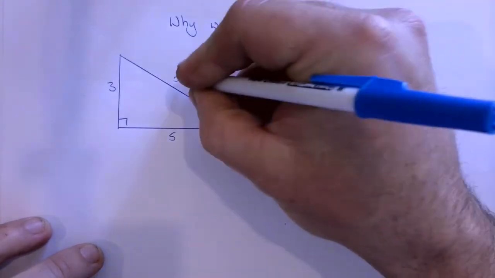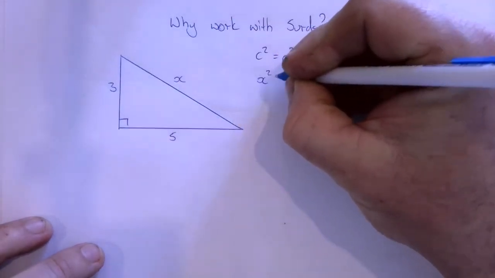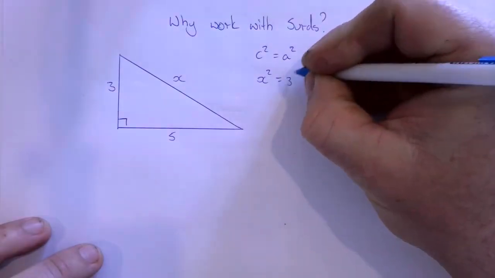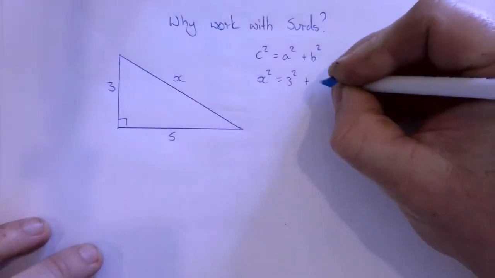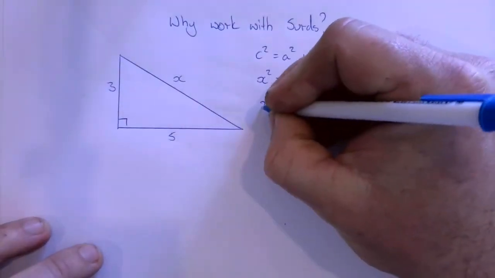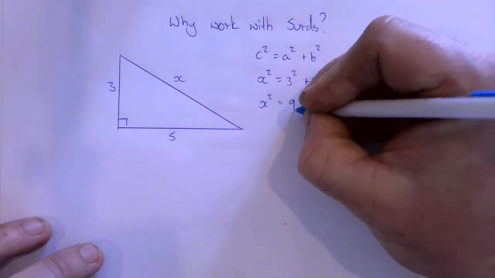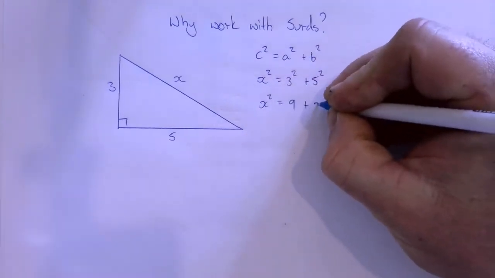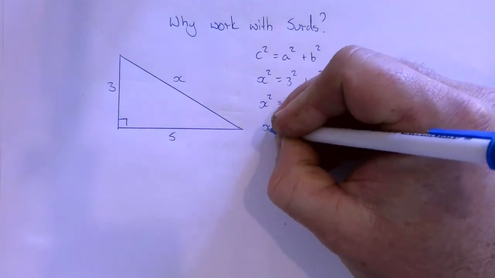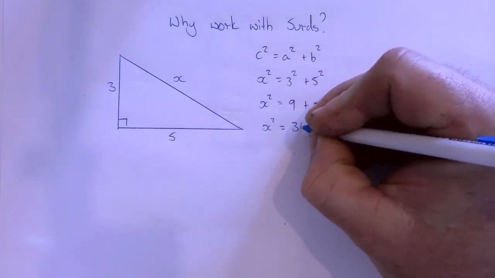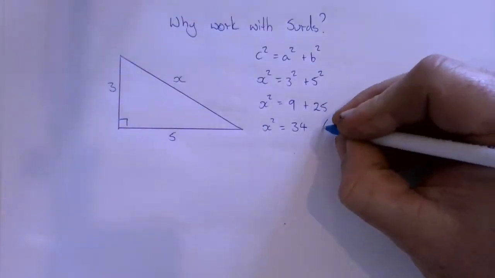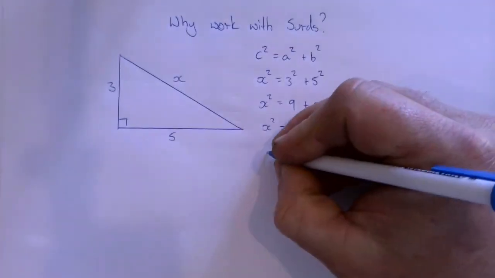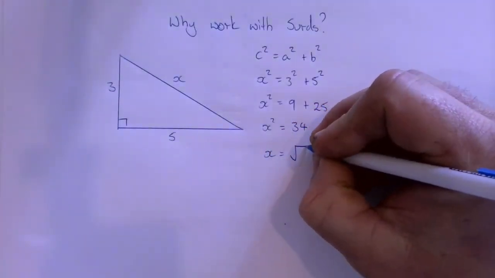So c in this case is going to be the x, so x squared equals 3 squared plus 5 squared. So x squared is 9 plus 25, which is 34. That means that if we square root both sides, x will be the square root of 34.